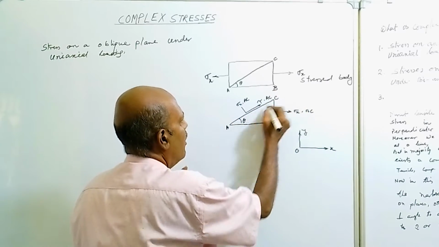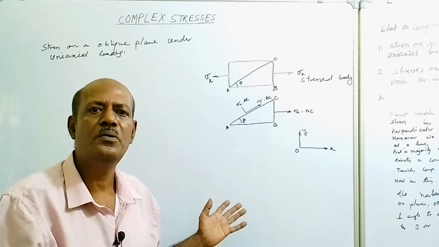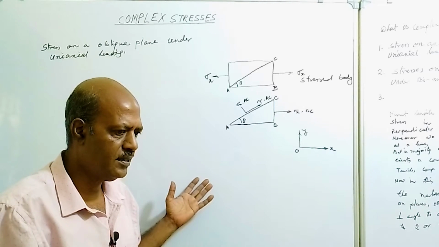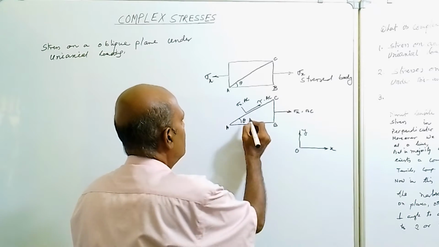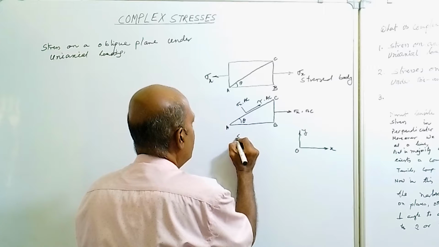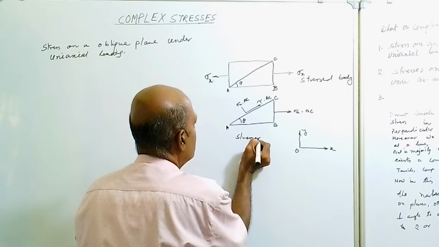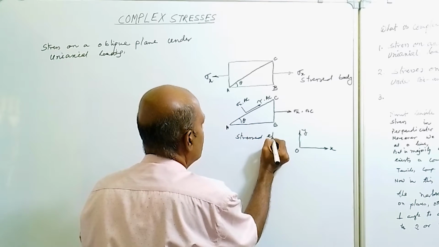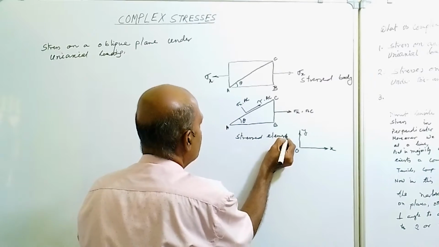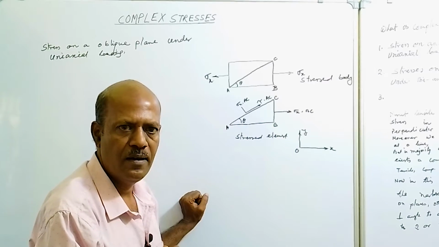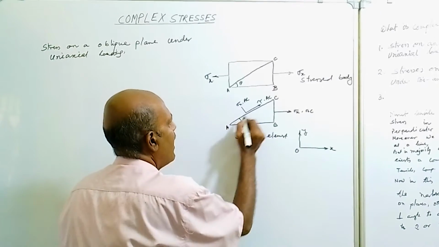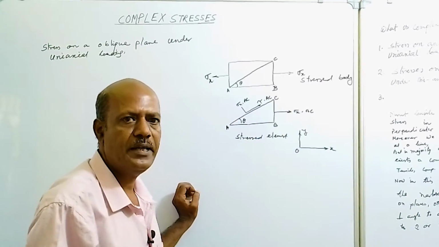That means on an oblique plane we are going to find the stresses. Now on this stressed element we have considered an inclined plane, that is AC.